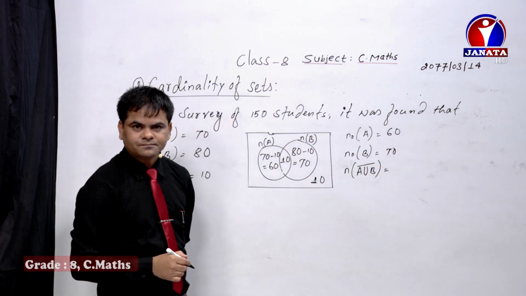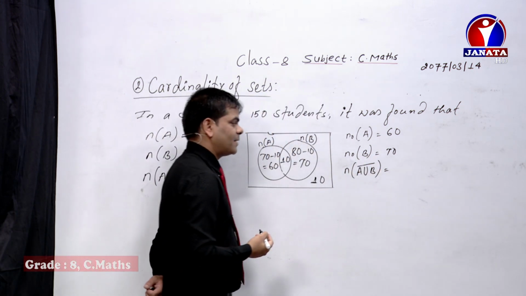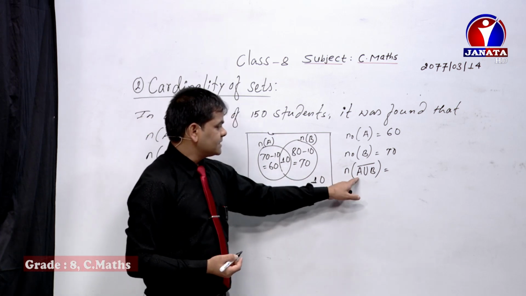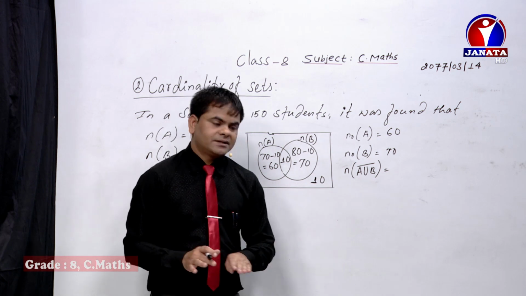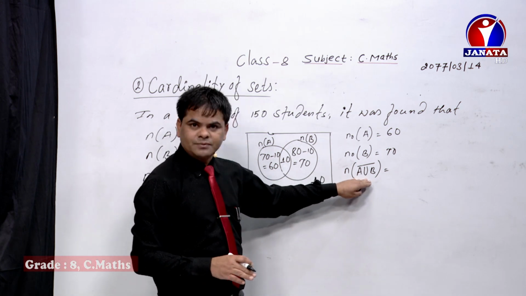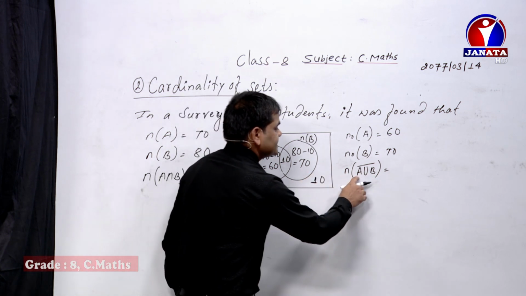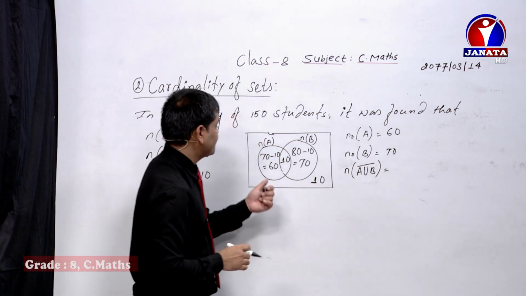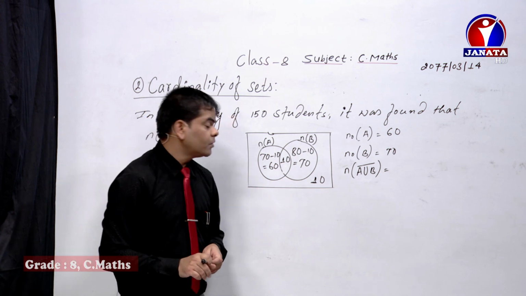Similarly, if you need to find the complement part, you have already understood it in the case of elements of sets as well. If there is a bar sign, then it represents everything except the elements under the bar. That means as here it is A union B, so except the A union B. A union B represents, dear students, the whole value of the circles, both the circles' values.